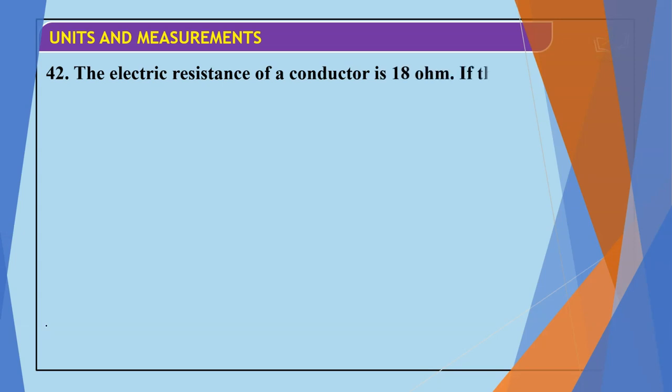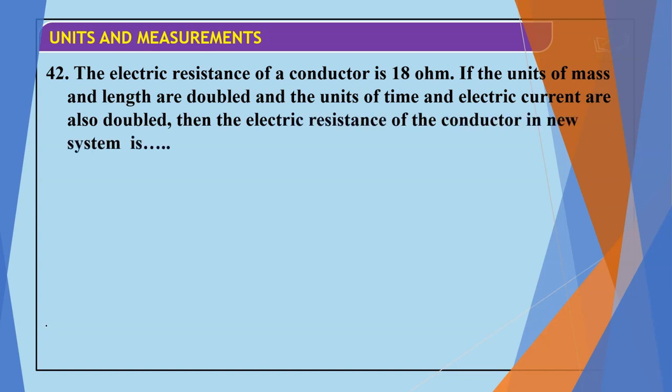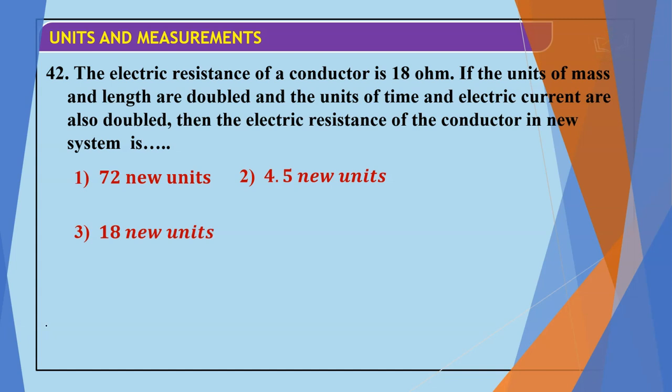Next question we have, the electric resistance of a conductor is 18 ohm. If the units of mass and length are doubled and the units of time and electric current are also doubled, then the electric resistance of the conductor in the new system is 72, 4.5, 18 or 9.